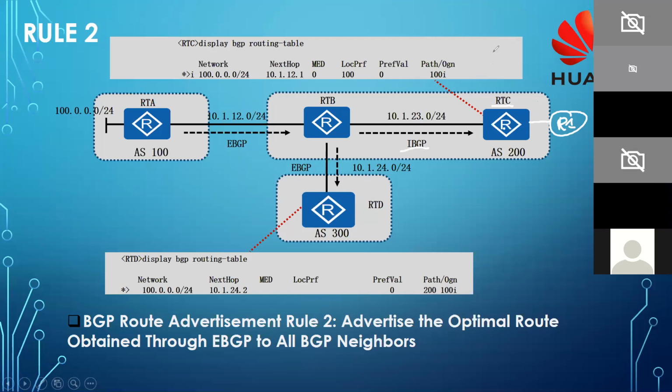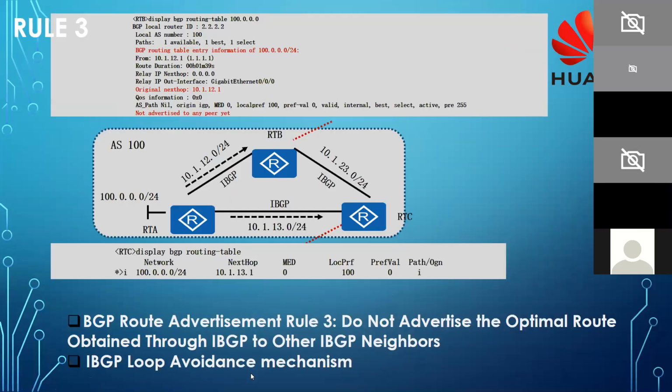So this third rule is the loop avoidance mechanism of iBGP, because if RTC could advertise the route learned via iBGP to its iBGP neighbor, there would be a loop. RTC receives the iBGP advertisement via RTA.